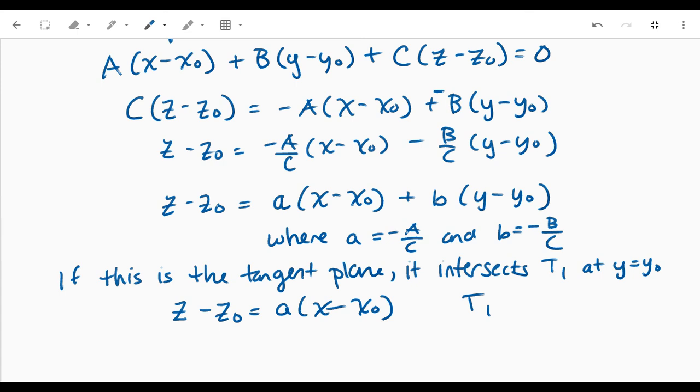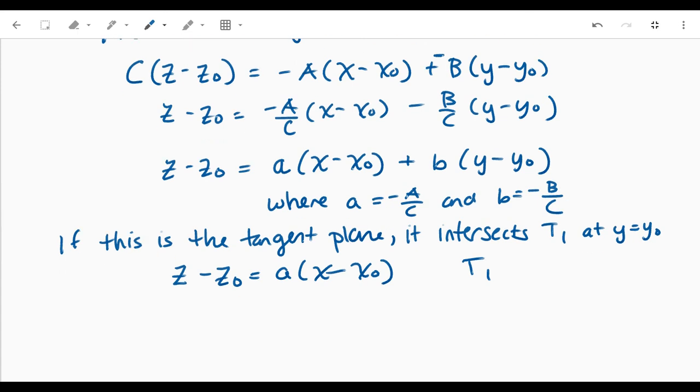Okay. Now, a is the slope of T1. Okay, and that's negative a over c. So that's like your partial derivative in the x direction at x naught, y naught.